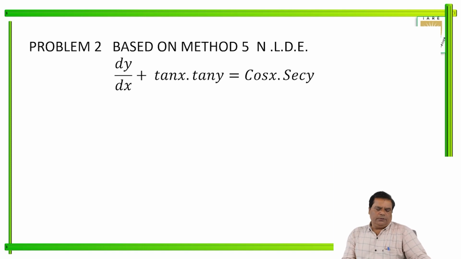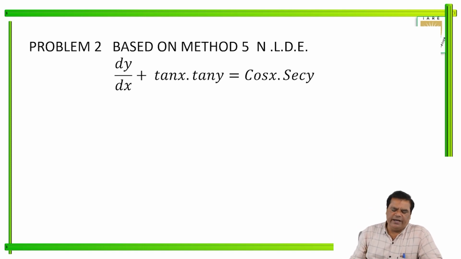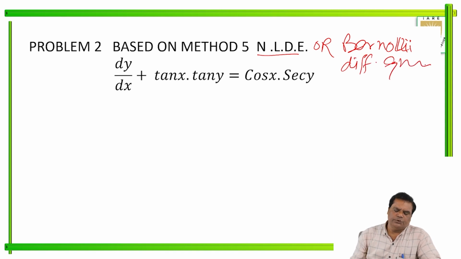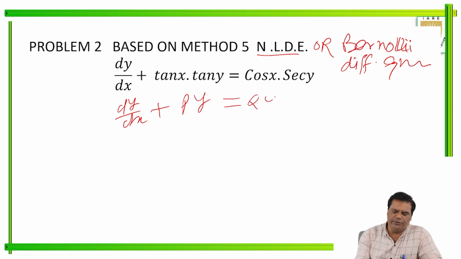Now problem 2, based on method 5, non-linear differential equation or Bernoulli equation. This question is also very important. Here the general equation is dy dx plus py is equal to q y to the power n.